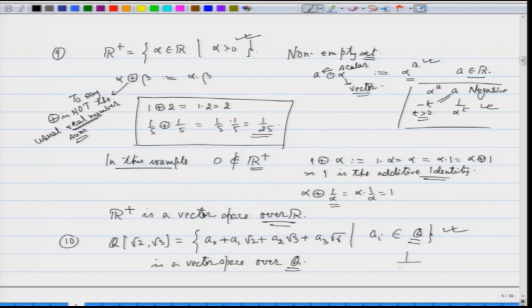We used to talk of 1 plus root 2 multiplied by root 2 minus 1 by root 2 minus 1. I can look at 1 plus root 2 plus root 3 plus root 5 and so on. Here we do not have root 5, I can just include root 5, root 10 and so on. So, that is all for now. We will look at vector subspaces, linear span and things like that in the next class. Thank you.